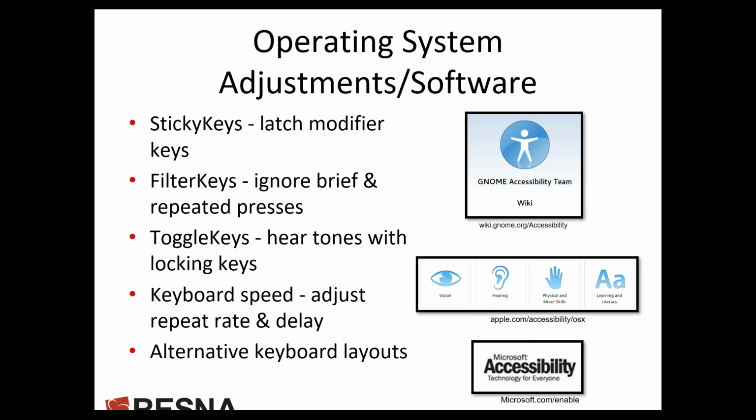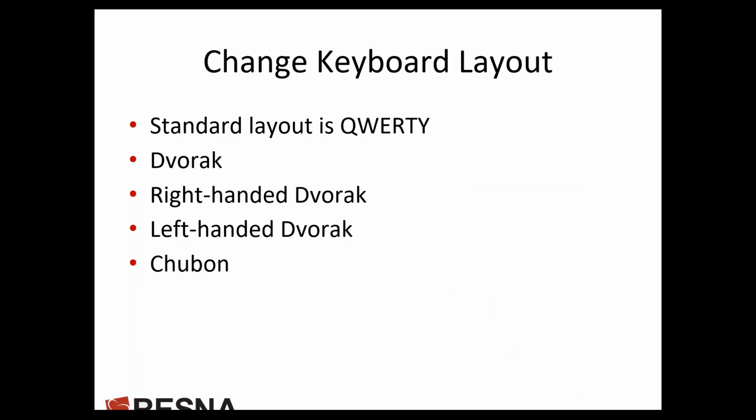So the acceptance time can be extended so that the key has to be held down for a set amount of time before the character is selected. You've got toggle keys, and this adds tones or sounds when locking keys are selected. And then you've got alternative keyboard layouts. And we're going to talk about those here next.